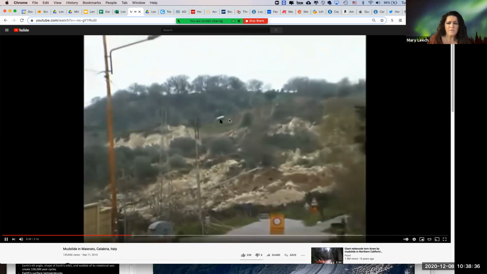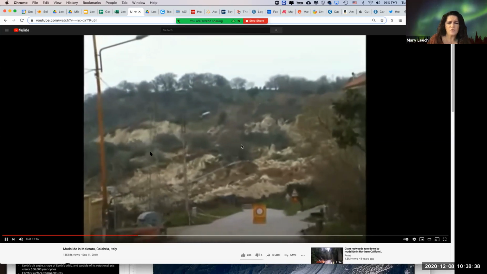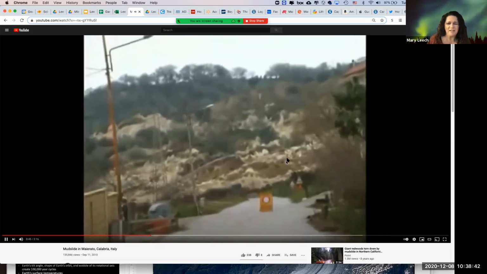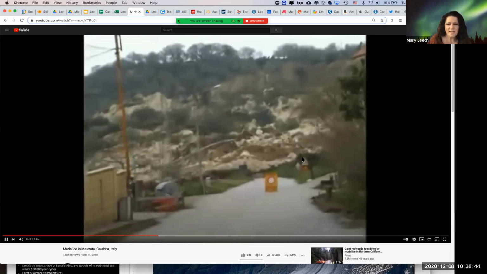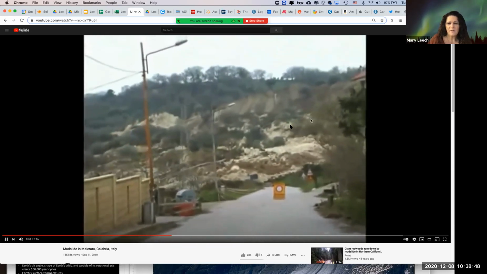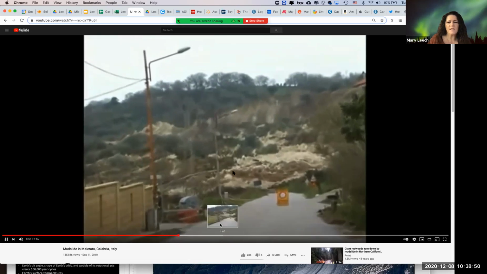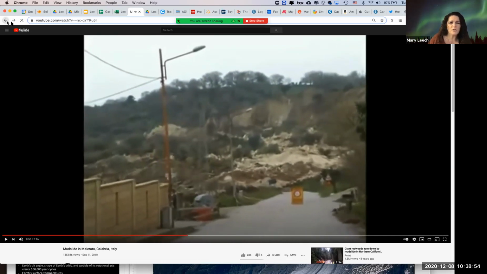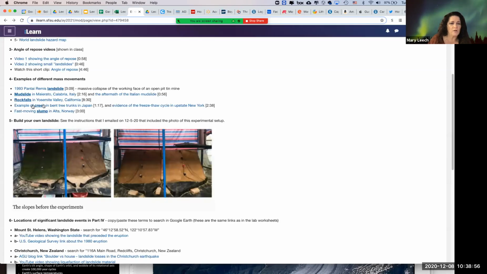There's a van up there for scale. So these are just whole trees that are going along with it. Incredible. I don't speak Italian, but I speak that word. So this is just, I mean, it goes on and on and on.